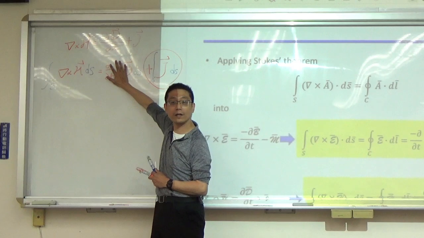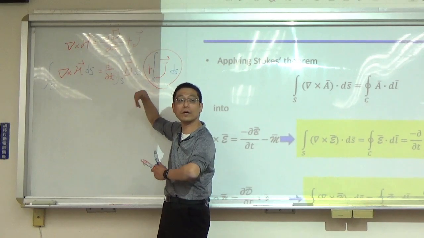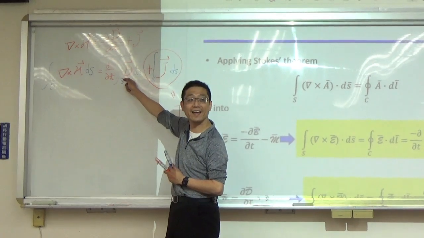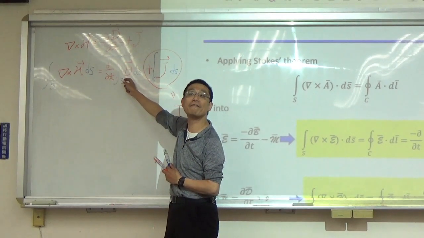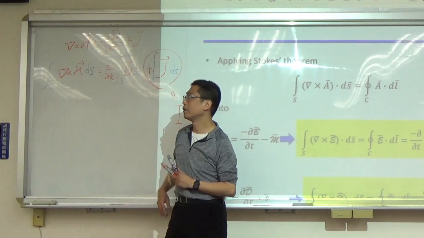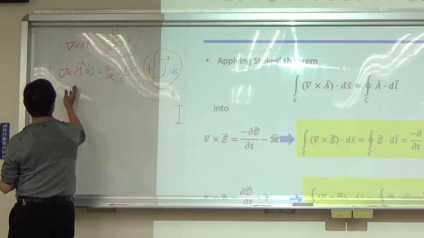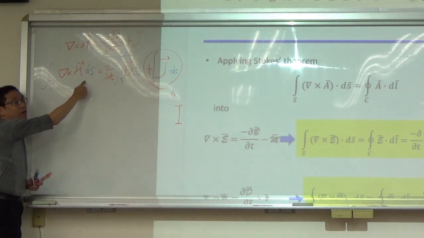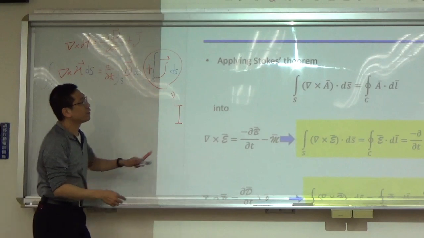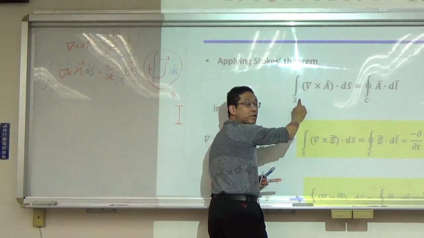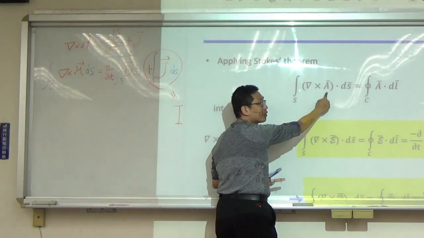At the beginning we said D is time varying, but in the case where D is not a function of t, you don't have this part. Then, how about this part? You take the surface integration of the curl of something.